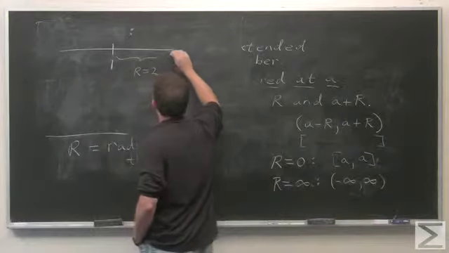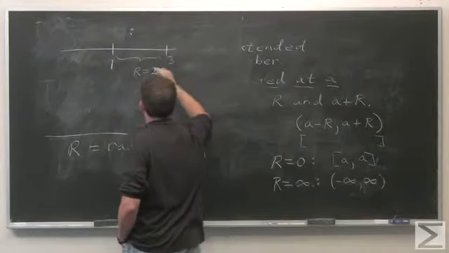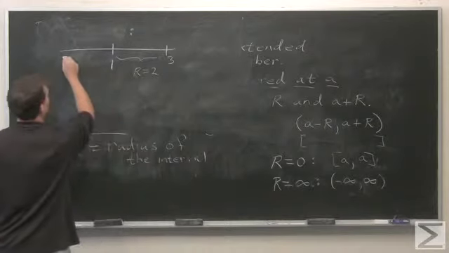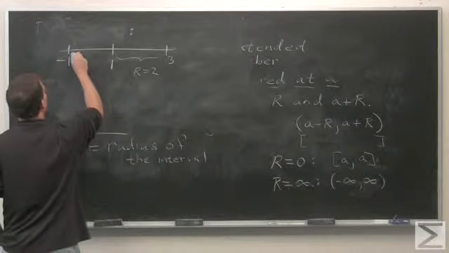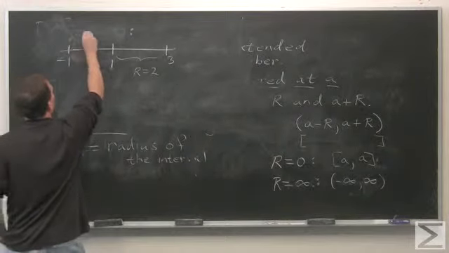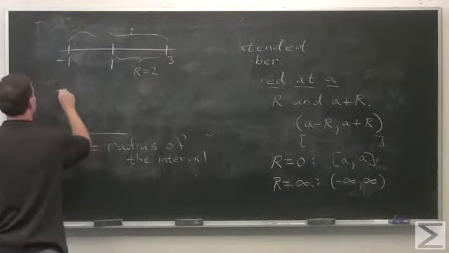Well, that would mean you would go up to 3 and down by 2 over here, so down to -1. And so the interval that you're talking about is this one, or one of them.